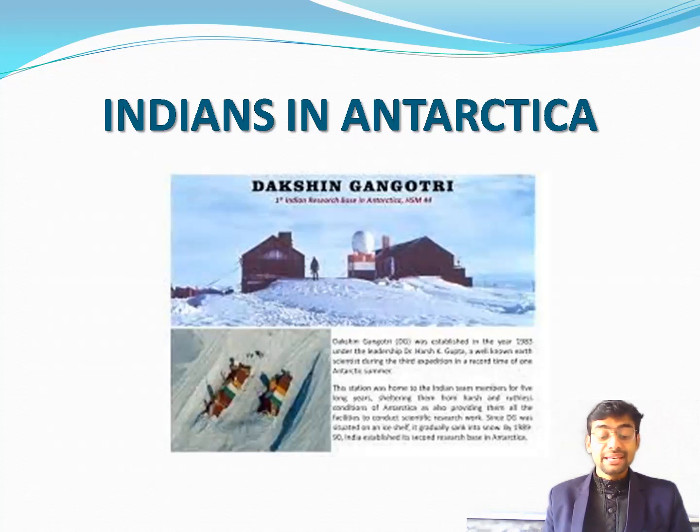Maitri is now maintained by the National Centre for Antarctic and Ocean Research, NCAOR. This organization, set up in 1998 under the Department of Ocean Development, also presently conducts India's Antarctic expeditions.